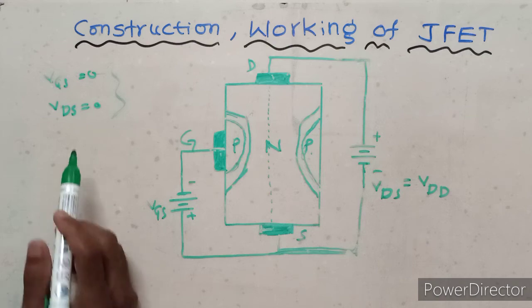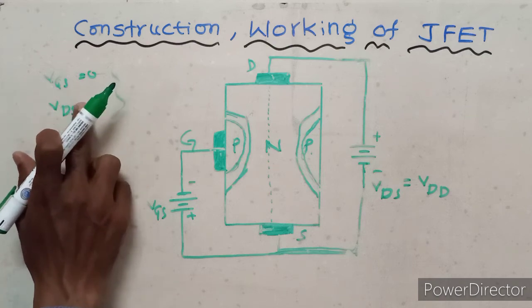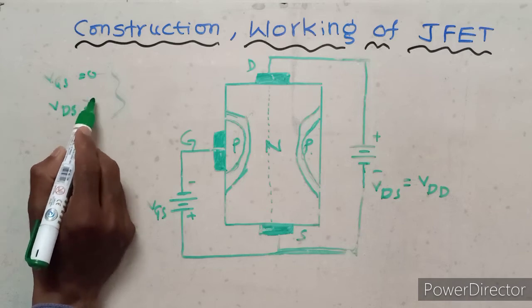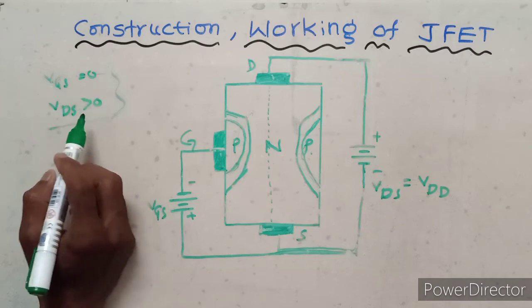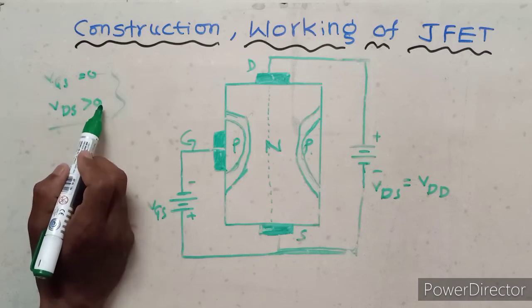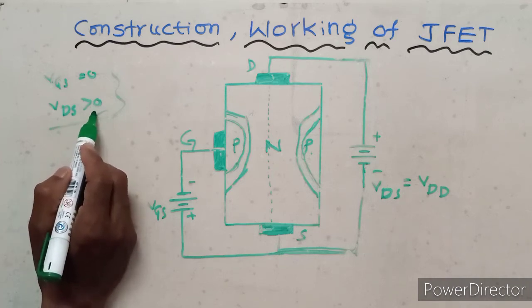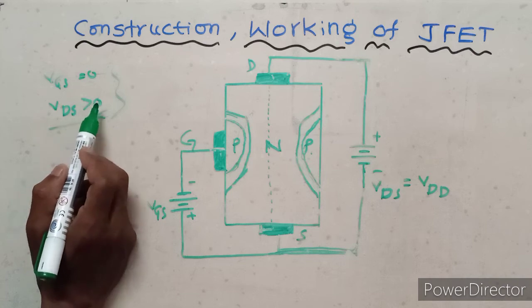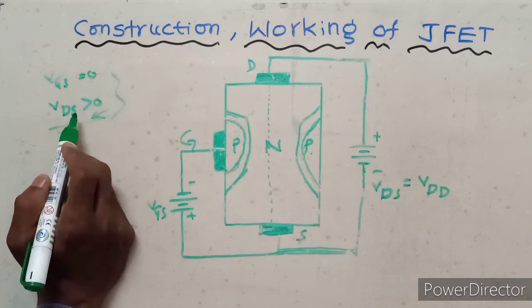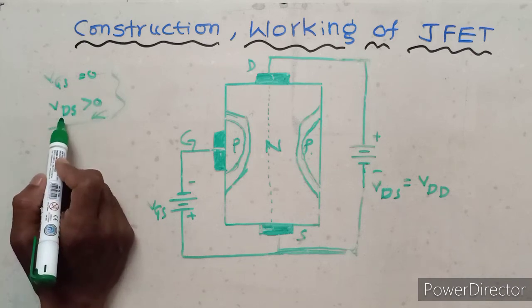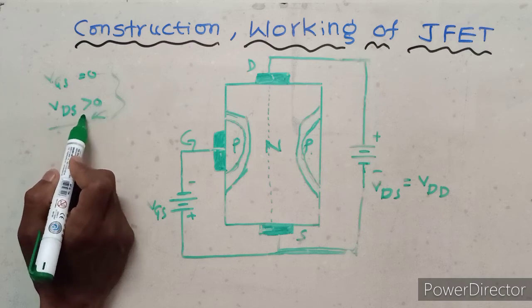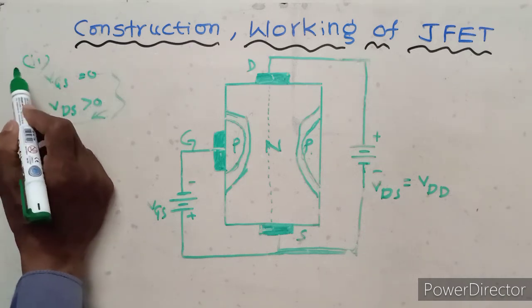Second condition: VGS equals 0, VDS greater than 0. That means VDS increases from 0 to a high value. This is the second case.